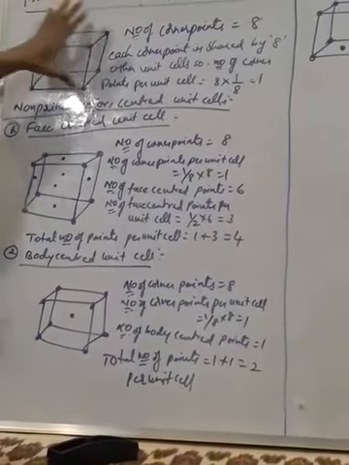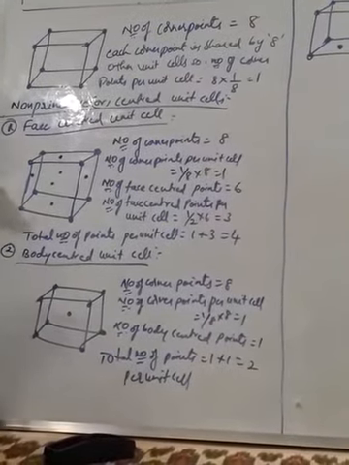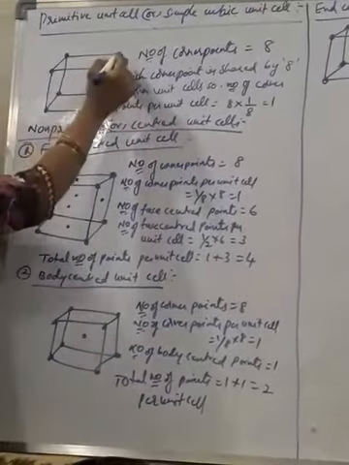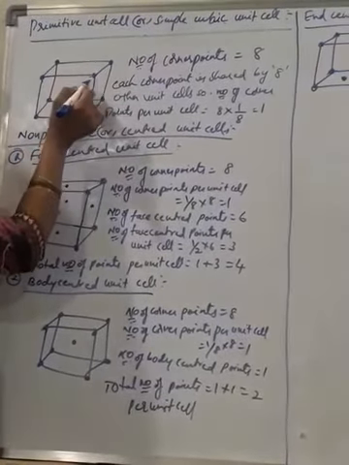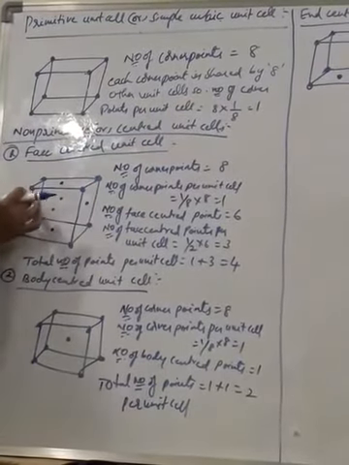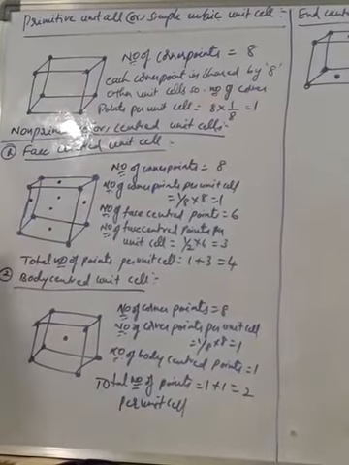Even though it contains 8 corner points, each and every corner point is shared by 8 other unit cells. So 1/8 part of this corner point and 1/8 part of that corner point, like that total 1/8 into 8 corner points. So only one corner point belongs to a particular unit cell.